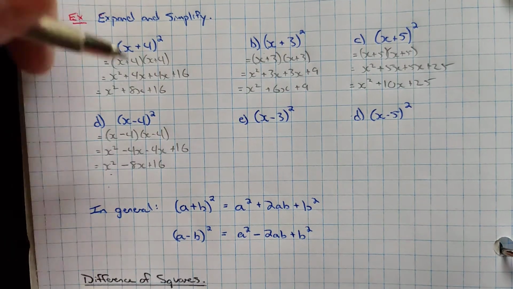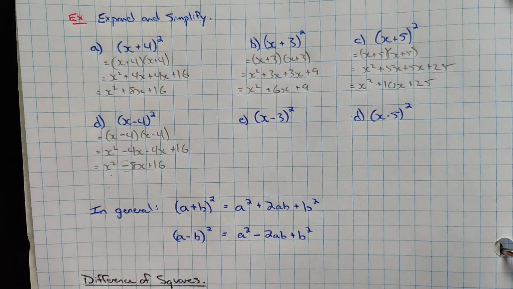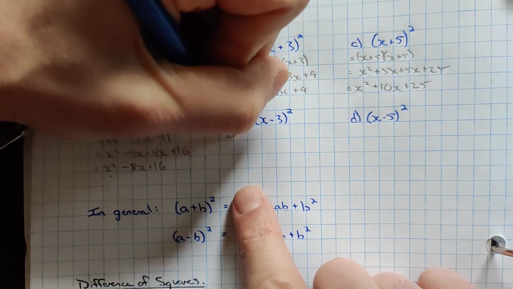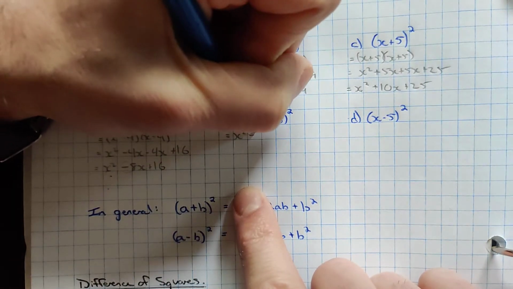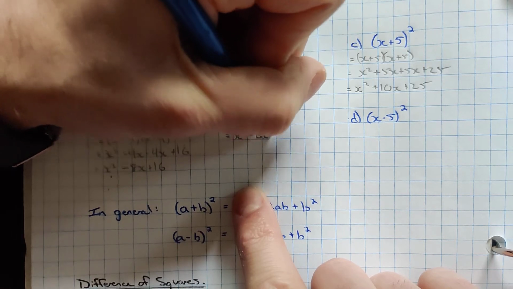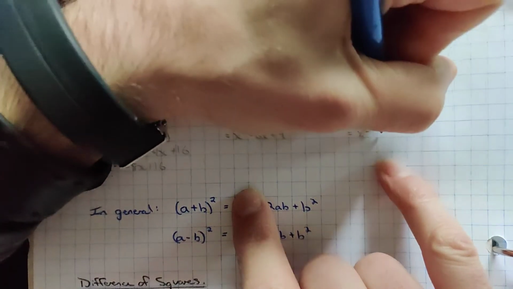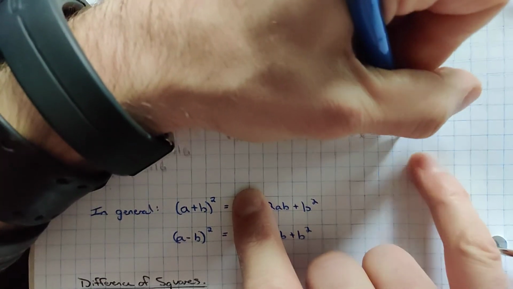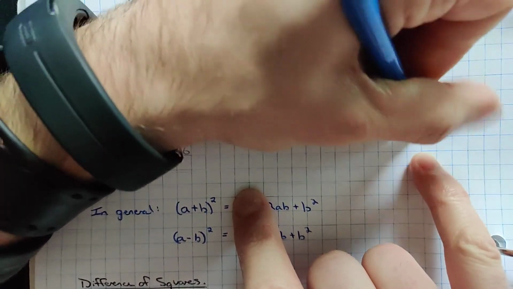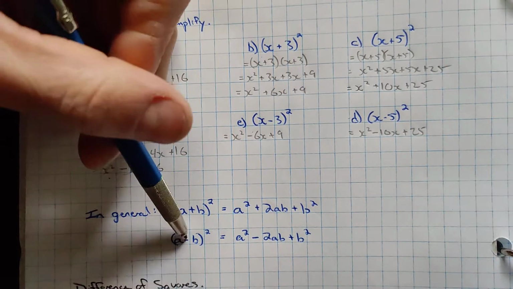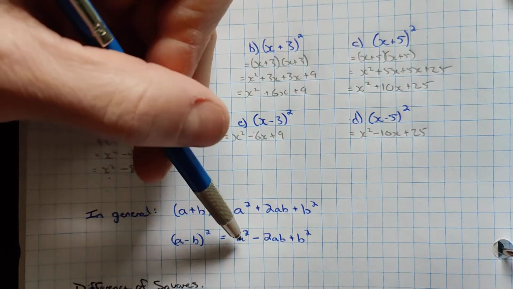So the difference here is that the middle term is going to be negative. So this next one would be the same as above, except the middle term would be negative. x squared minus 6x plus 9. And the last one, x squared minus 10x plus 25. So in general, with a negative sign, the middle term is negative, otherwise it's the same.